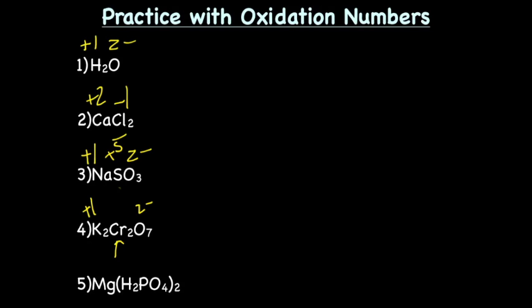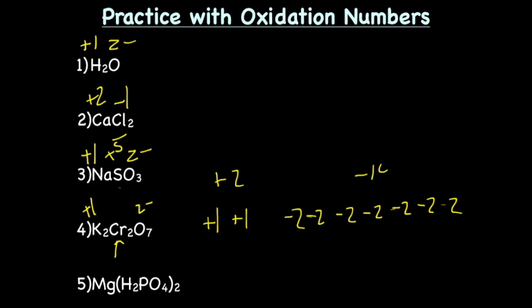All right, so we have 2 potassium, so we have plus 1 each, and we have 7 oxygens, 1, 2, 3, 4, 5, 6, 7. So right now we have a total of 2 pluses and 2, 4, 6, 8, 10, 12, 14.